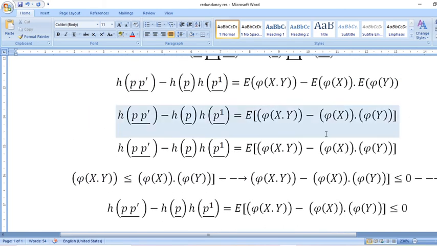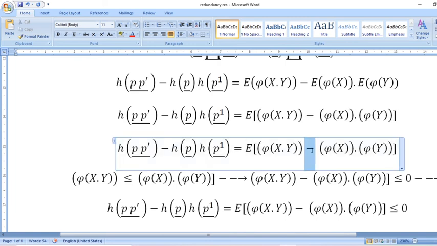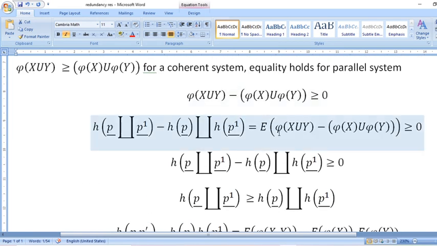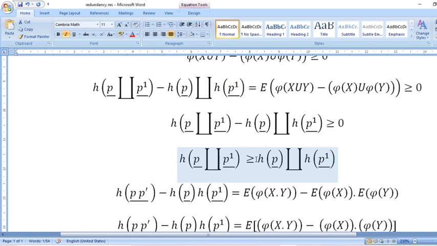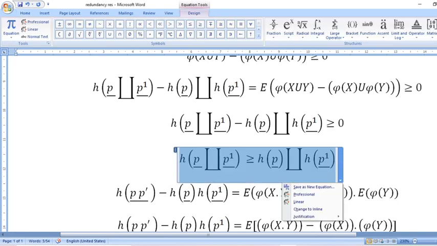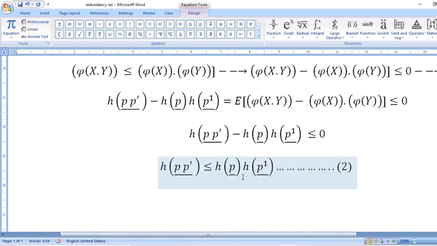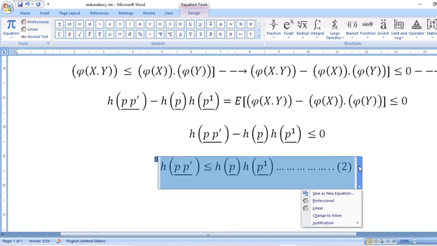In the previous case, equality holds only if phi of x union y equals phi of x union phi of y. That is possible only when system is parallel. So when system is parallel, the equality in this equation holds. Okay, when the system is in series, then the equality of this equation holds only because this difference phi of x into y will be equal to phi of x into phi of y. That is the reason, right?